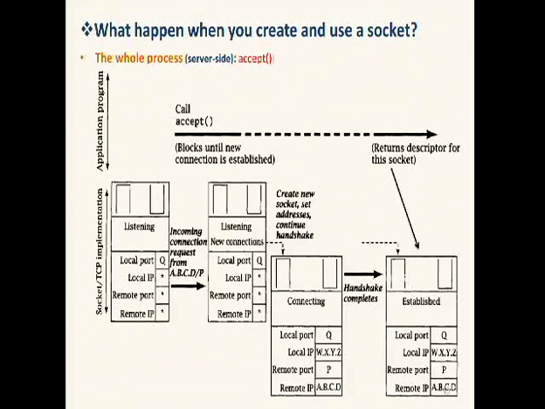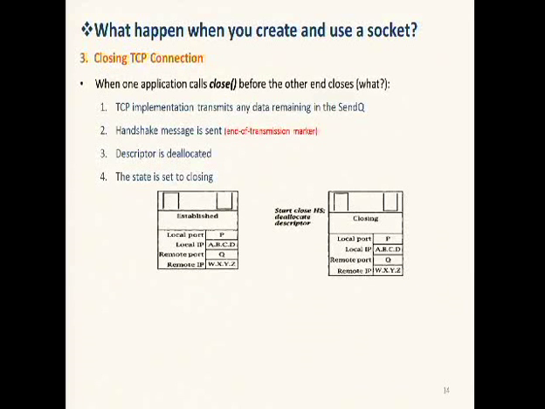Okay? So the basic idea here, I said, is when one application calls close before the other end closes. And I have a reason for this: because both sides can close the connection at the same time. But in this example, I'm just assuming one of them does it before the other.